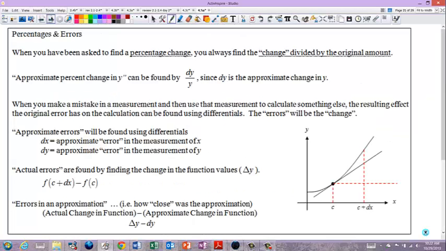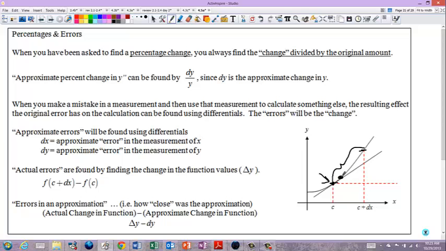We're actually going to skip the percentage change and differentiables. The error of the function is just saying from here to here, how far off are you on your y values? Well, if you use this value to approximate a point on the curve, you're going to have an error.